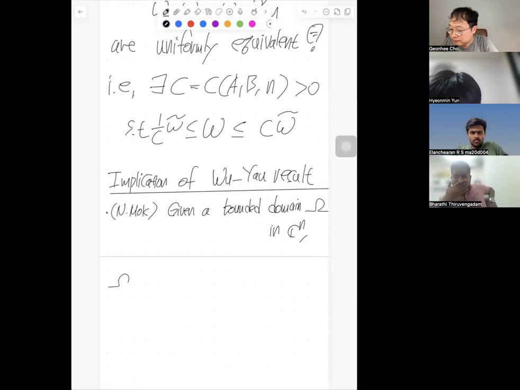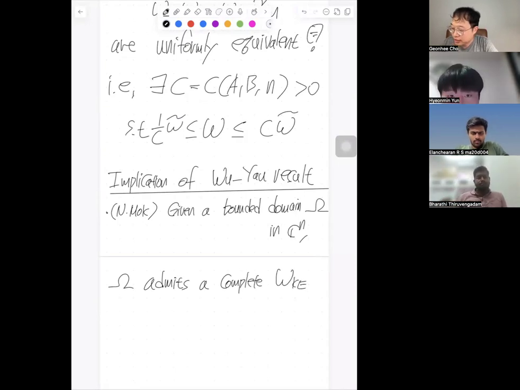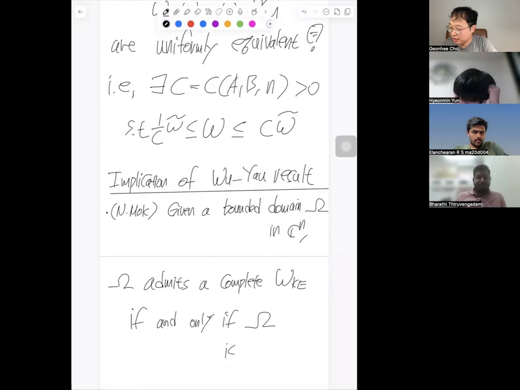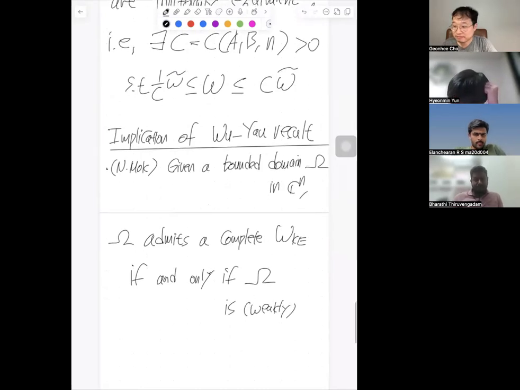This omega admits a complete Kähler-Einstein metric if and only if omega, what do you expect, is pseudoconvex. I mean, weakly.